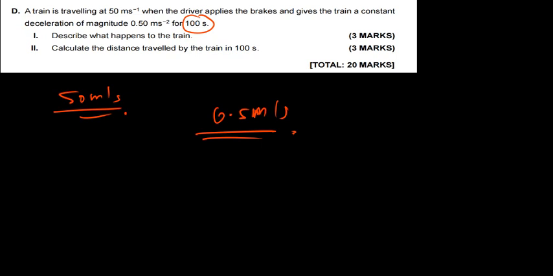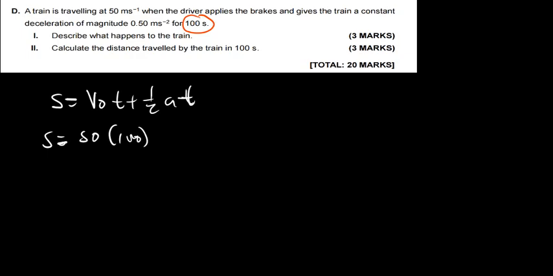Then part 2, they're saying calculate the distance traveled by the train in 100 seconds. So in 100 seconds, we have the time, the acceleration, and everything. I think the best formula I can use is this one. In this case, I'm not going to use G because I'm using the linear acceleration. The initial velocity is 50 times the time 100, plus half.